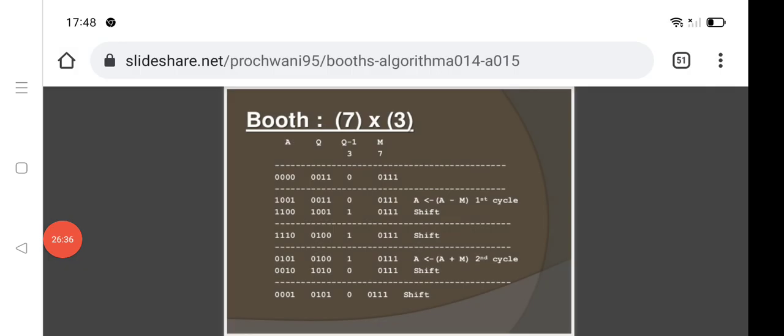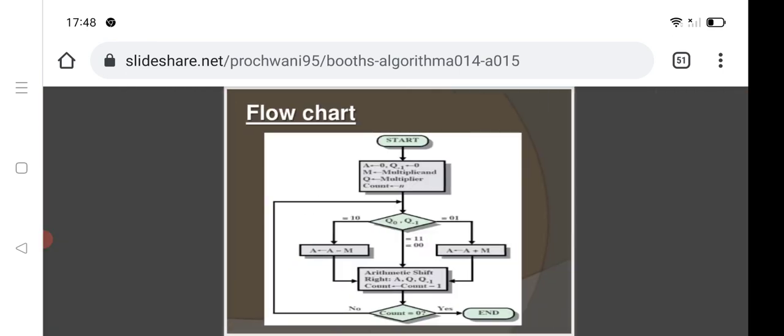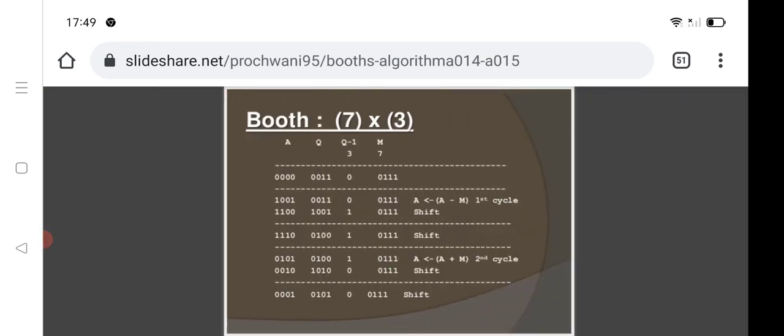The count will be decremented by 1, and now you check again if it is 0. If it is 0, I should terminate my operation and end the process, and the result will be there in the A, Q and Q minus 1 registers.